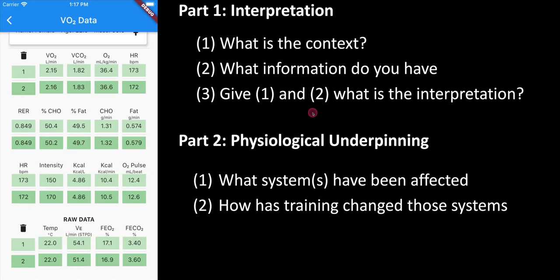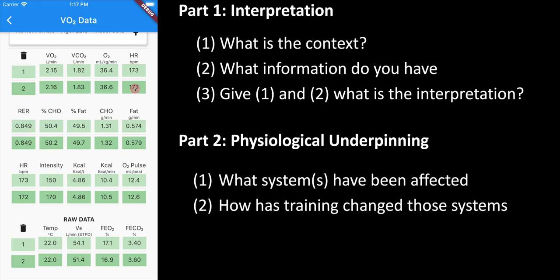So given those two things together, given the fact that we expect some kind of improvement, and we've got information where we can decide if there has been some kind of improvement, what would be our interpretation? Well, VO2 is the same pre and post, but we would expect that because it said it was 50% VO2 max. Heart rate's about the same.